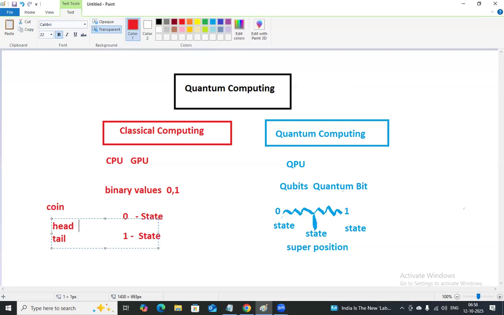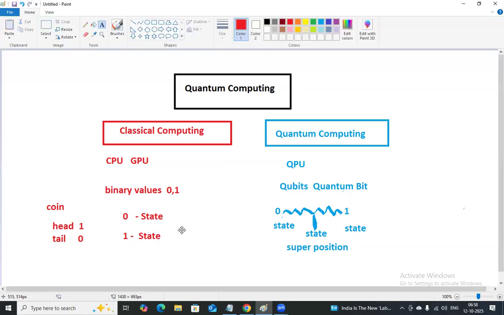Head means 1, tail means 0. So when you flip the coin, there are two states, 0 and 1. The probability of the coin is 0 or 1.